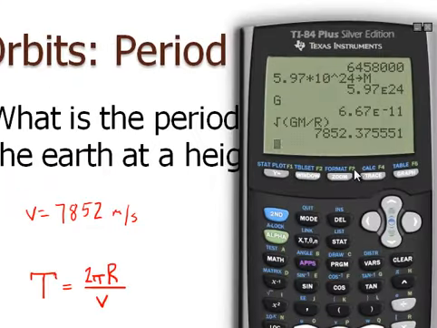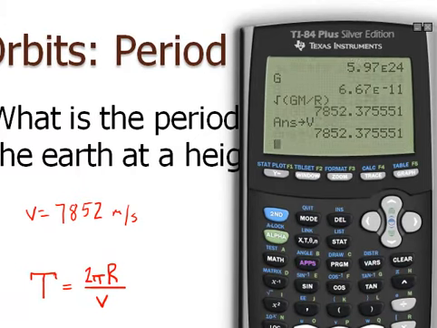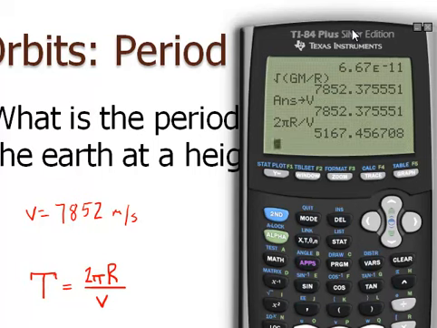Let's take that last answer, which is the velocity, and store it into the letter V. And now we can calculate what the period is by doing 2 times pi times the radius, so alpha r, and then dividing by alpha V. And we get what looks like a really big number, 5,167, but remember that is in seconds.